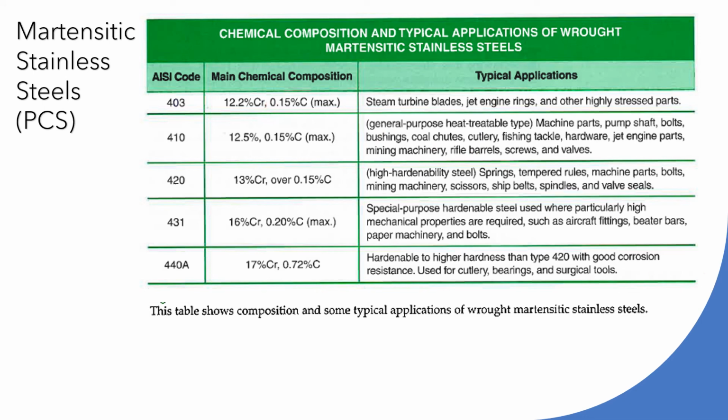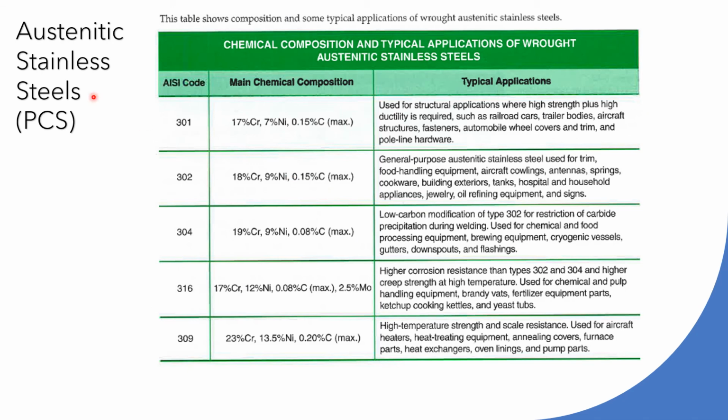The second last one, austenite stainless steel, is your PCS. The same thing: chemical composition, go according to the code, and then do the applications. You can't mix and match. You can't use the code 301 and then do the application of the 304 at all.